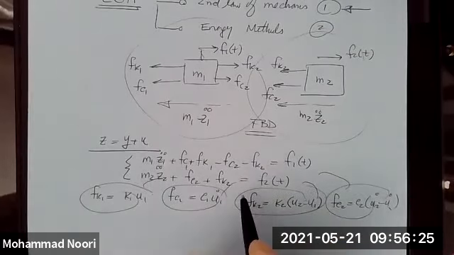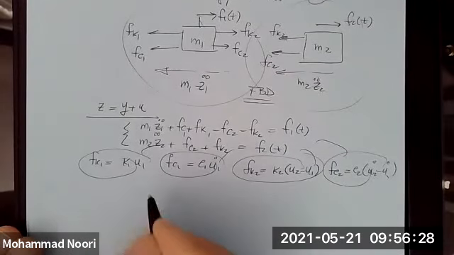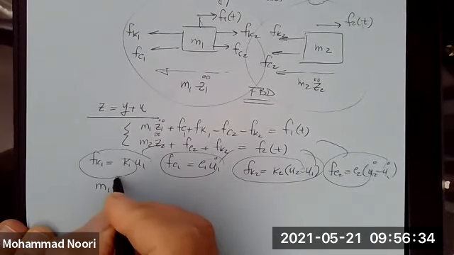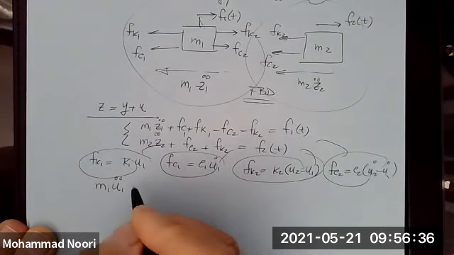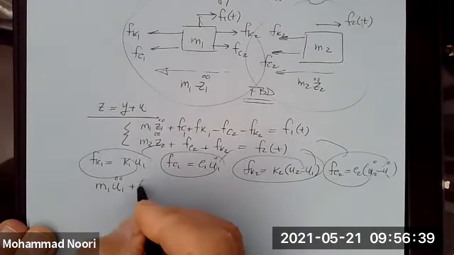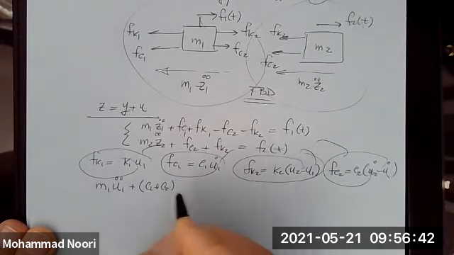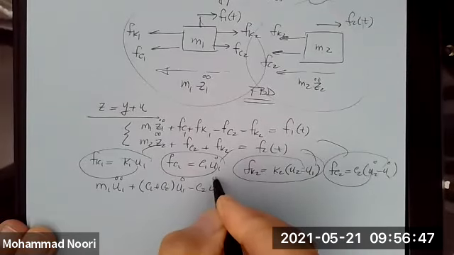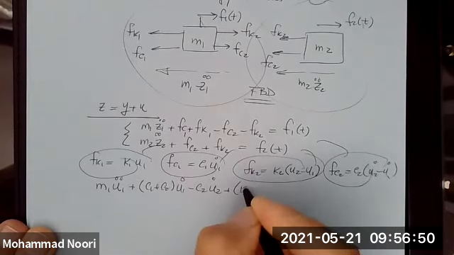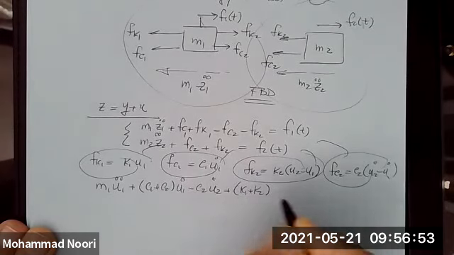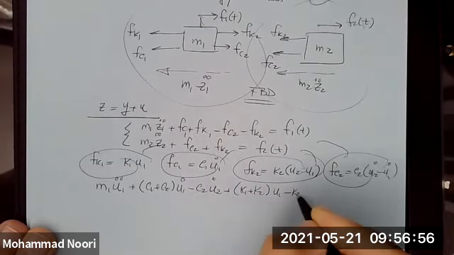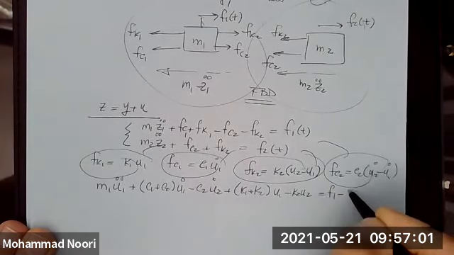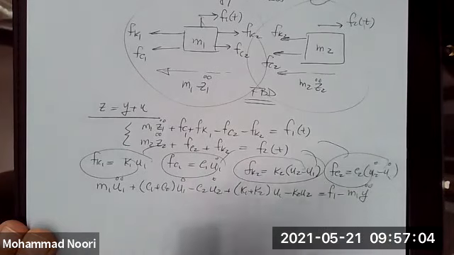So we just substitute these into these equations. And if you do that, you end up with these two equations in terms of U1 and U2. M1 U1 double dot plus (C1 plus C2) U1 dot minus C2 U2 dot plus (K1 plus K2) times U1 minus K2 U2 is equal to F1 minus M1 Y double dot.